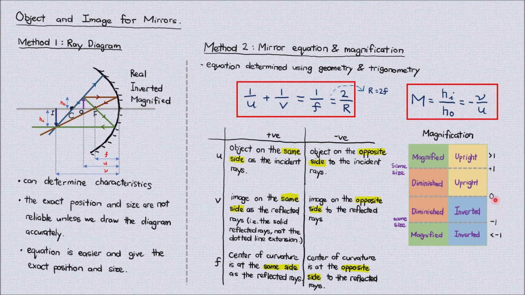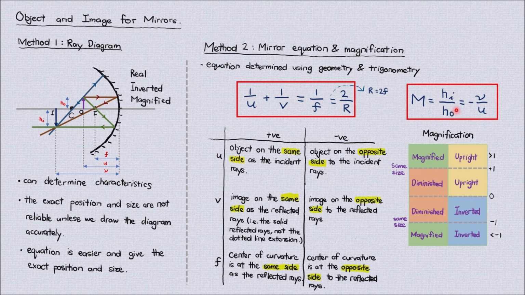The same thing applies if your range is 0 to negative 1. The absolute value is still between 0 and 1, and it still carries the same meaning. Your object is still larger than your image. But the only difference caused by the negative sign is that now your image is inverted. Your image might be below the optic axis, while your object is above the optic axis.